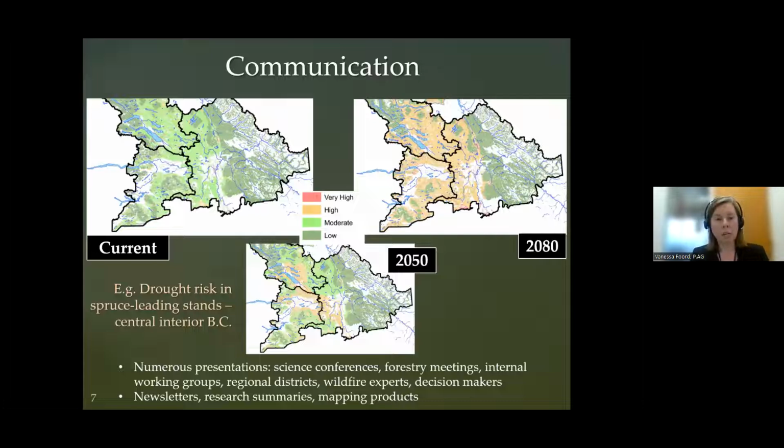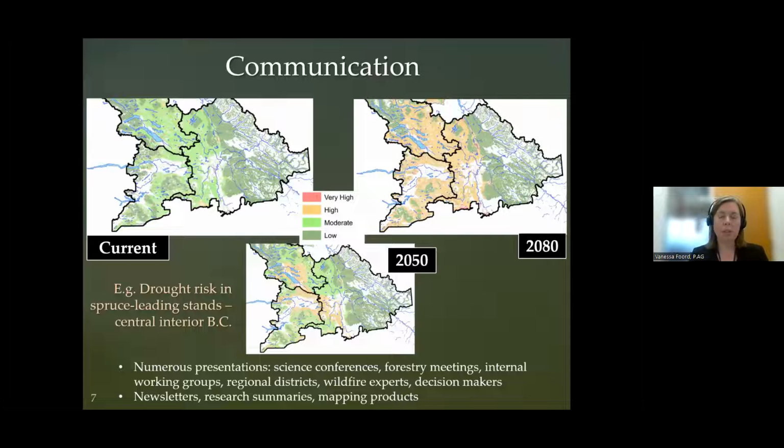So communication being important, we've done numerous presentations, of course, at science conferences, but also making sure to hit internal clients like forestry meetings, internal working groups, regional districts, engaging with wildfire experts and other decision makers.